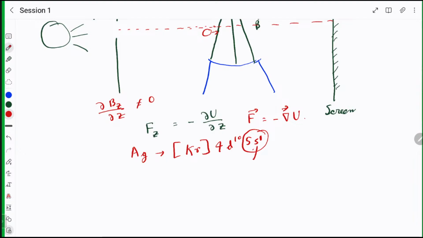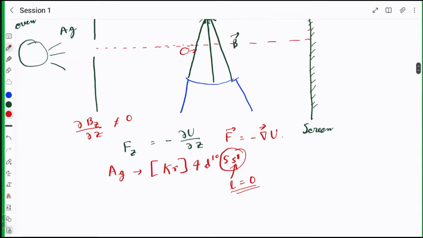For the s orbital, you know that L is zero. That is, the orbital angular momentum is zero. So the only angular momentum will come from the spin. Because the electron is a spin half particle, it would have a spin angular momentum, and because of the spin angular momentum, it would have a magnetic moment.